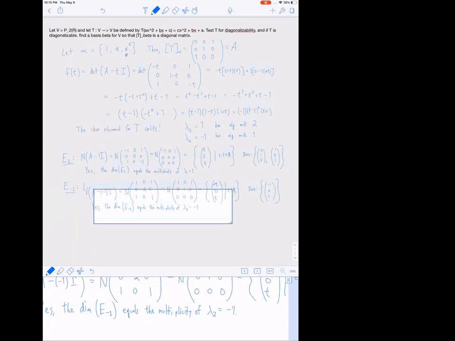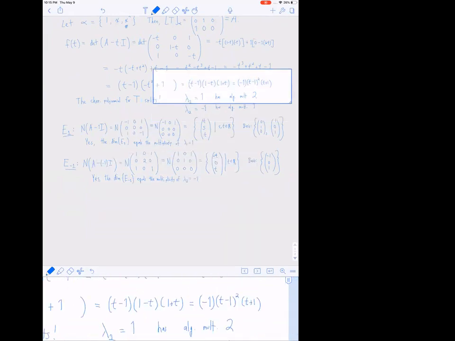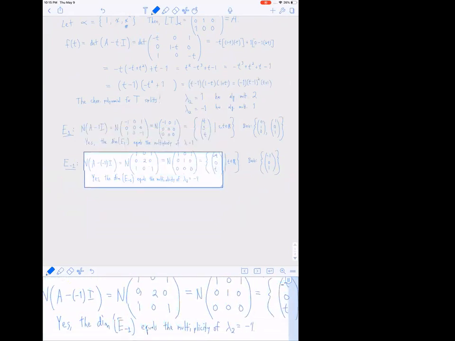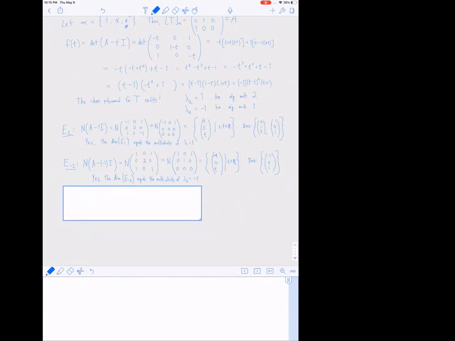So now we've really directly verified all the conditions of the main theorem from this section, namely that the characteristic polynomial of T splits and the dimensions of the eigenspaces match the multiplicity of the corresponding eigenvalues. So we can conclude definitively now T is diagonalizable.